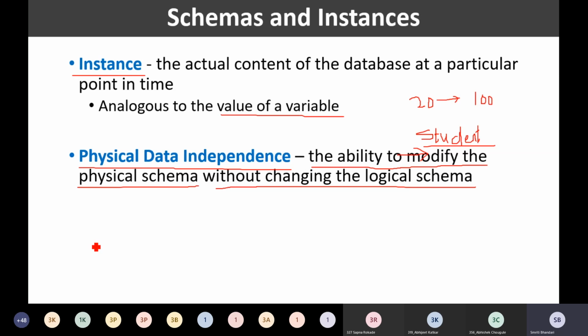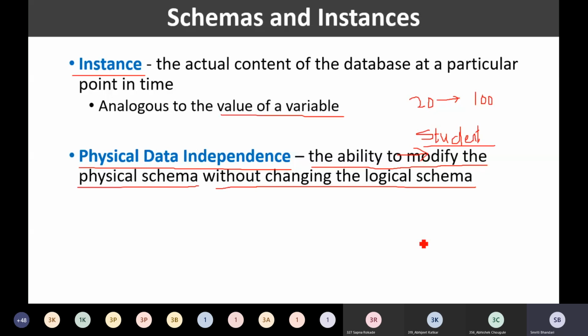Many times, due to some reason, we need to modify our physical schema. Say, for example, I have stored the data at the physical level using some kinds of data structures, and I'm using some mechanisms to access that data, say some hashing code to extract that data efficiently.